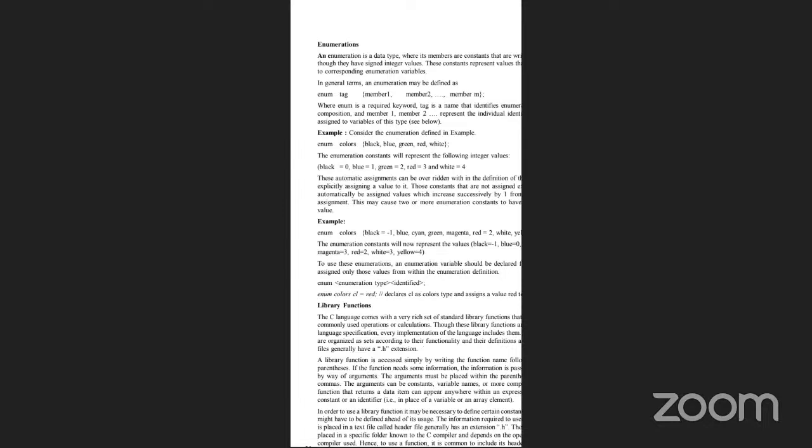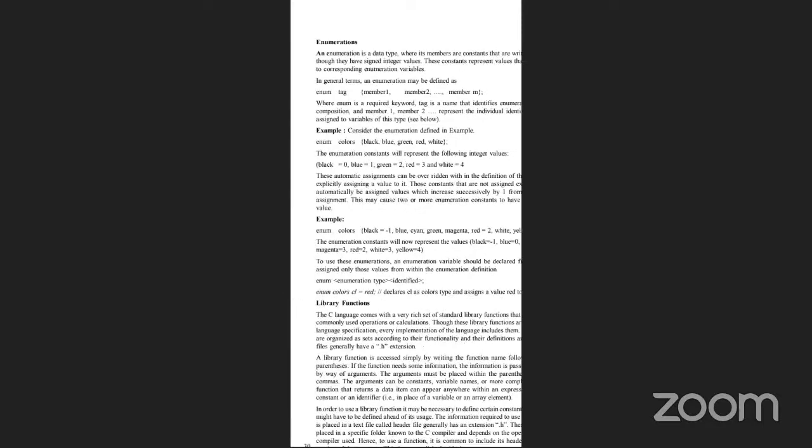The automatic assignments can be overridden in the definition of the enumeration by explicitly assigning a value. Constants that are not assigned explicit values will automatically be assigned values which increase successively by 1 from the last explicit assignment. This may cause two or more enumeration constants to have the same integer value.